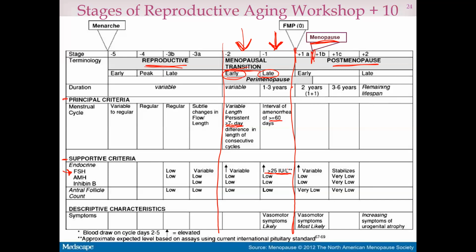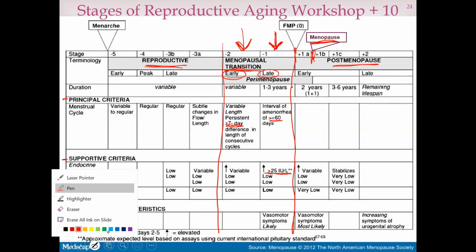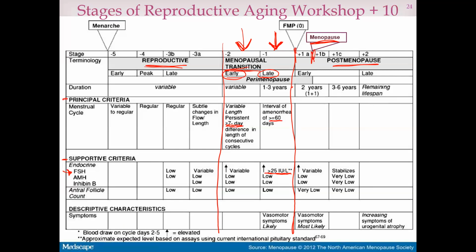In the center here is what I was talking about. If I could change my pen color, in the center here is perimenopause. So perimenopause is going to be all that time between the early transition, where her periods start to extend 7 days longer between cycles, all the way up to the late menopausal transition, where she's starting to drop cycles and she's going 60 days or longer between periods.